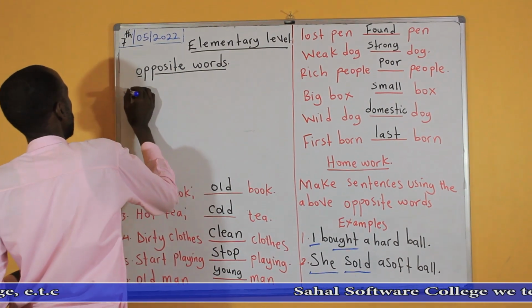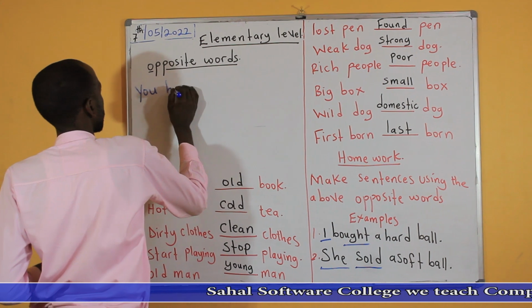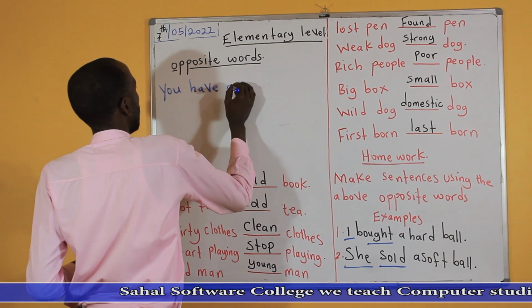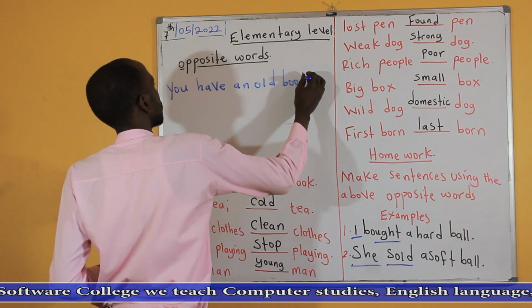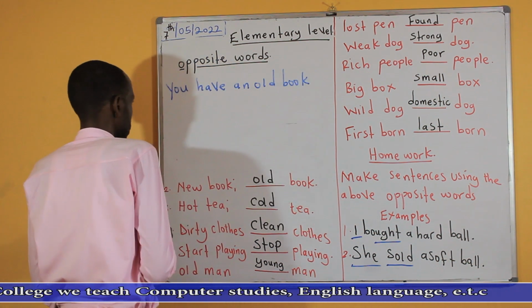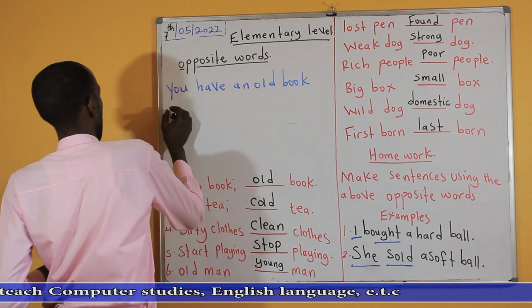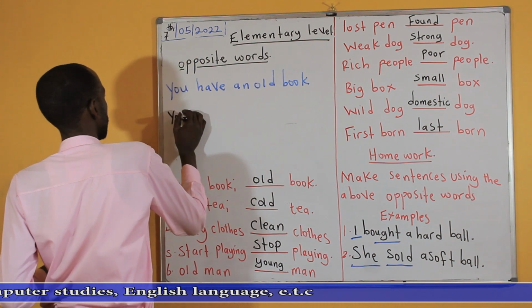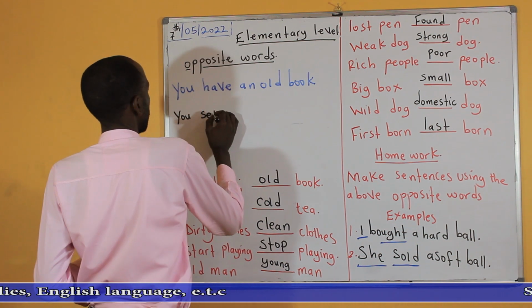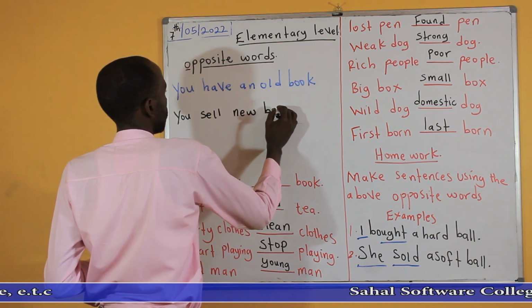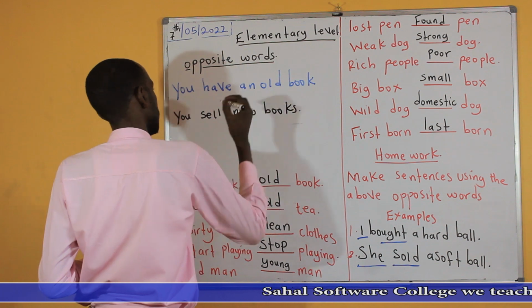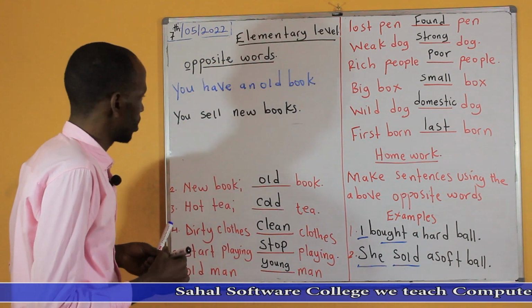Say, you have an old book. I can say, you sell new books. These are other good sentences.